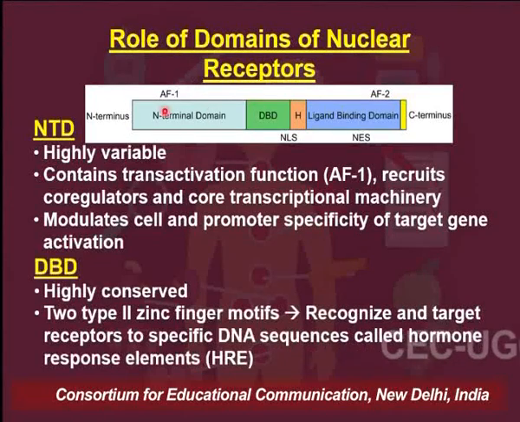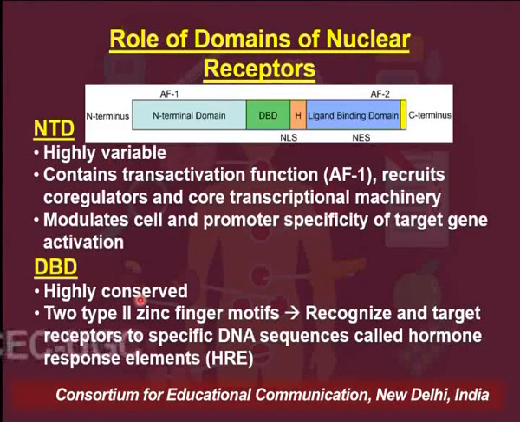After this N-terminal domain comes the DNA binding domain. You will get to know about the function of this domain shortly in today's class, wherein you will see that these types of receptors actually go and bind to the DNA. There is a particular region of these receptors which will interact with the DNA.